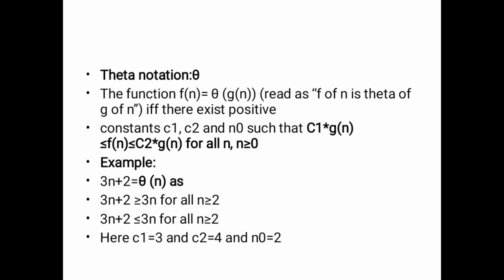Here c1 is 3 into 3n, which means 6n, less than or equal to 3 into 2 plus 2, which is 6 plus 2, 8, less than or equal to 4 into g of n, 4 into 3 into 2, 4 into 6, 24. It is true, so all cases are true. So c1 is equal to 3, c2 is equal to 4, and n equal to 2. We will take other values and test that too.